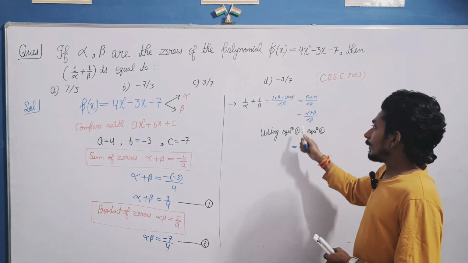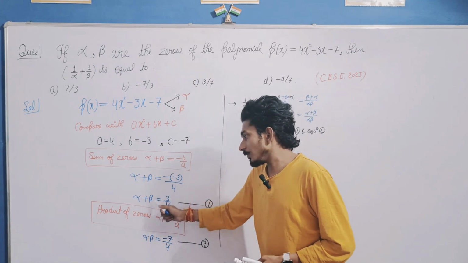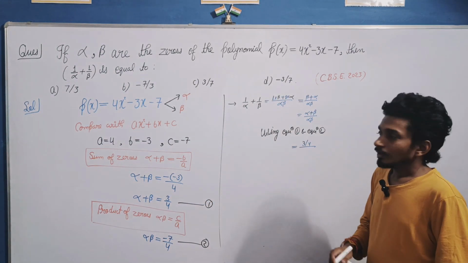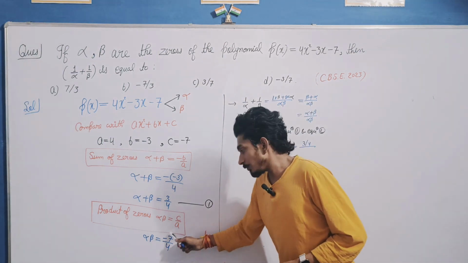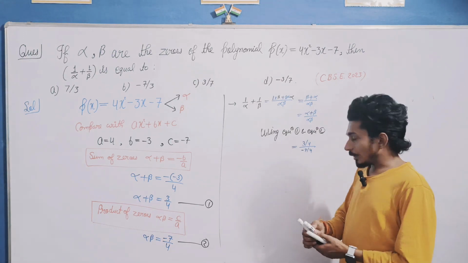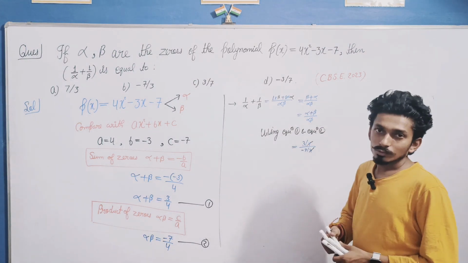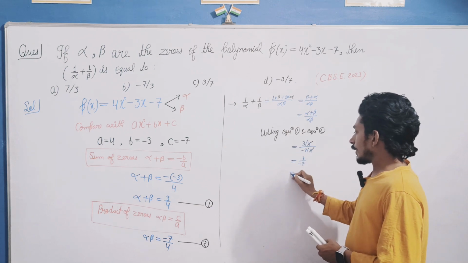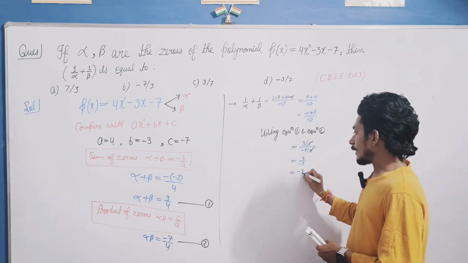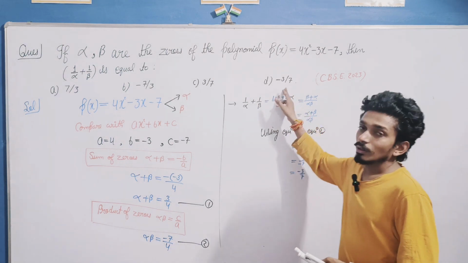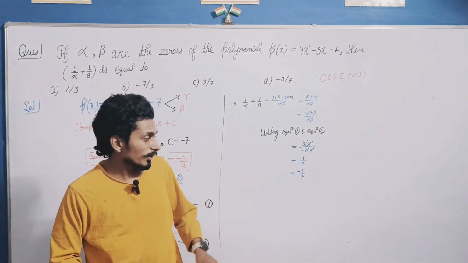So here we put alpha plus beta is equal to 3 upon 4 from equation number first, and put the value of alpha beta, that is minus 7 upon 4, from equation number second. So here we cancel 4. Now we get 3 upon minus 7, plus upon minus, so we can write minus 3 by 7. So option D, minus 3 by 7, is correct.